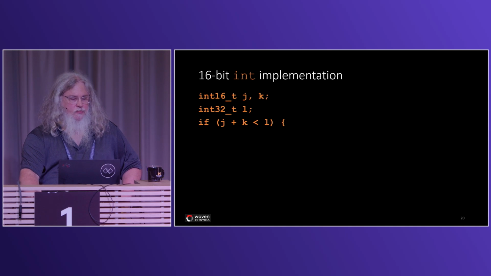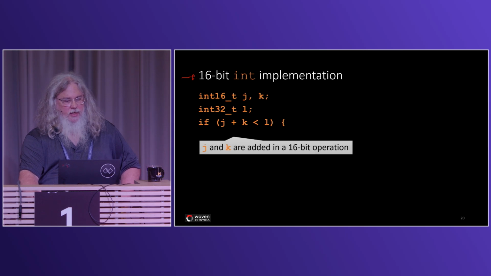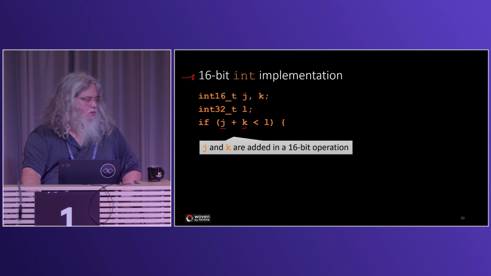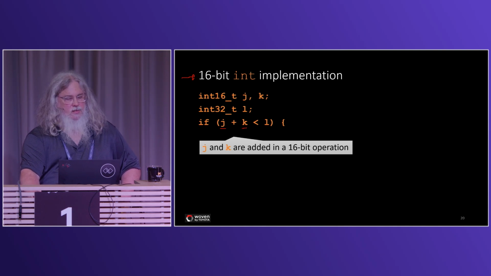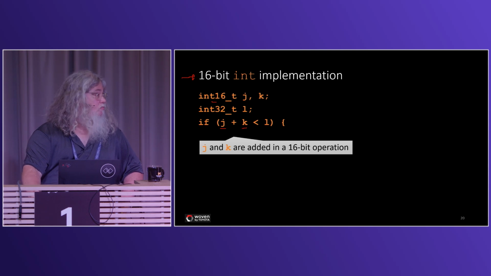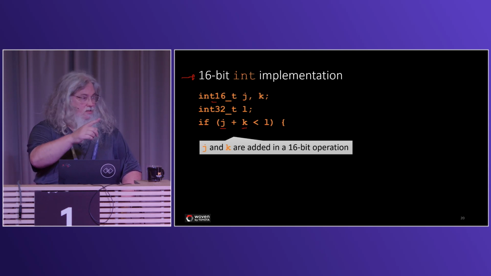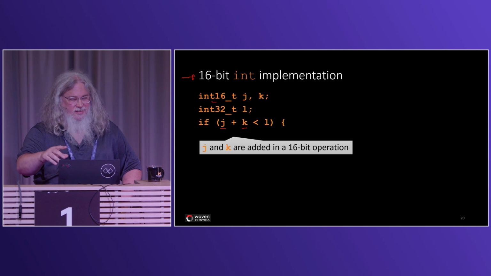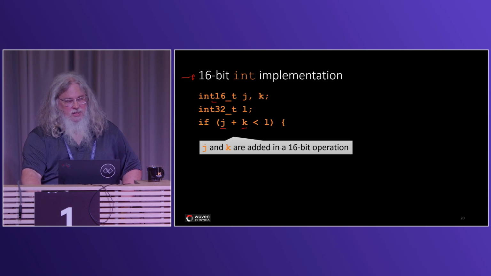So let's first look at a 16-bit implementation where we have 16-bit int. Here, these two values undergo integer promotions, right? But on this platform, int16_t is basically an alias for int. It'll say typedef int int16. So this addition takes place as a 16-bit operation.